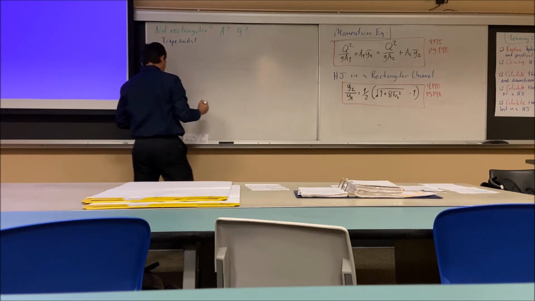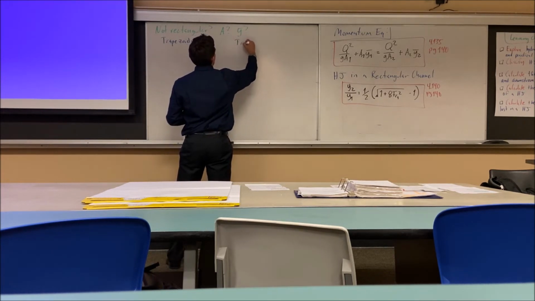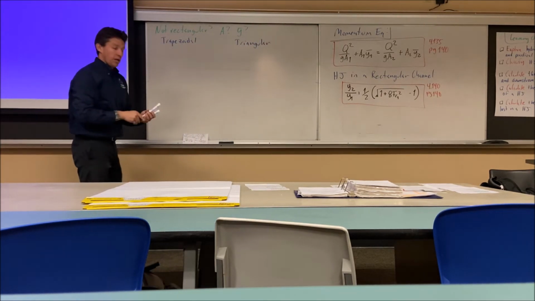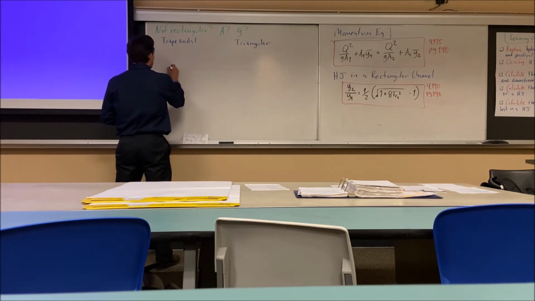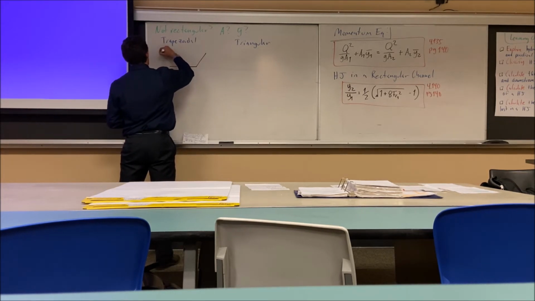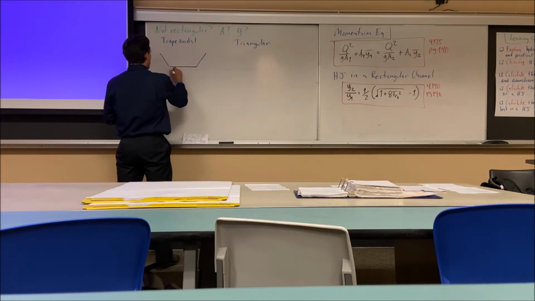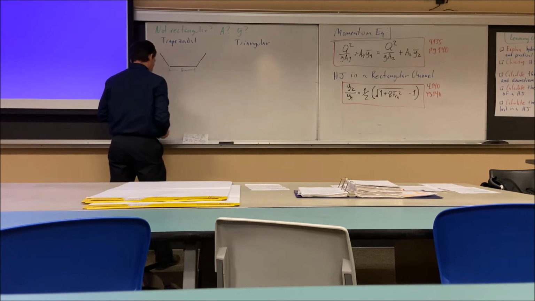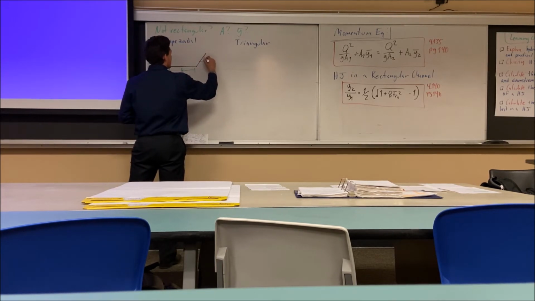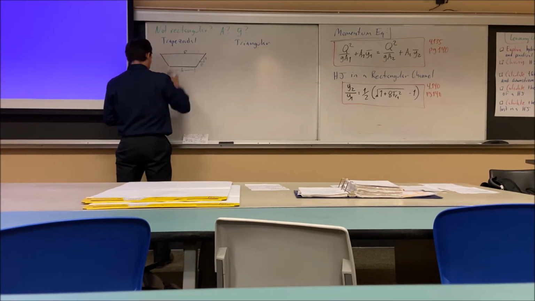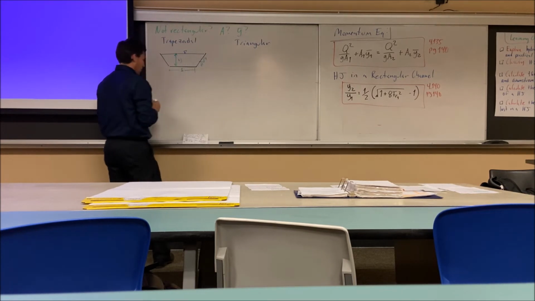So if you're in a trapezoidal channel or a triangular channel, here is what that might look like. In a trapezoidal channel, you're going to have your bottom width B, your side slopes 1 to Z, your water level, and some flow depth.